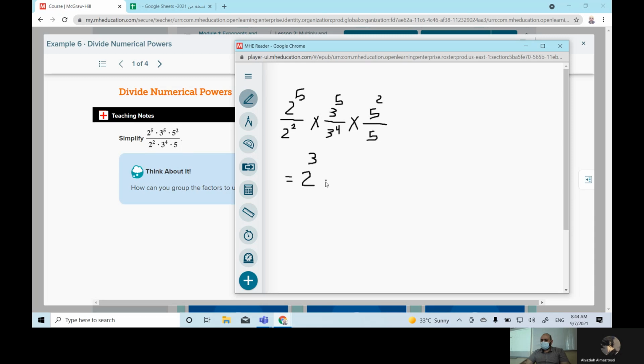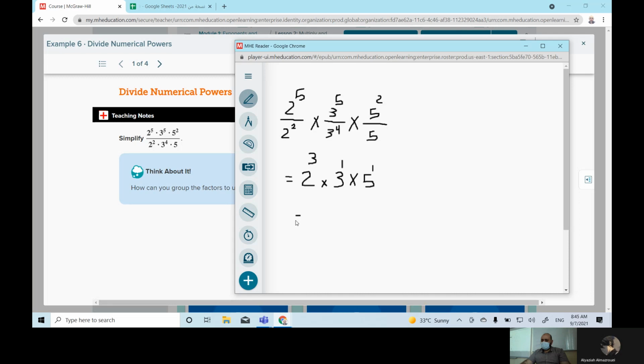So it means the same base, then 5 minus 2 will be 3, times. Here we have the same base also, so write the same base. Then subtract: 5 minus 4 will be 1. Then here we have 5 and here we have 5. So write the same base 5. Then 2 minus 1 will be 1.